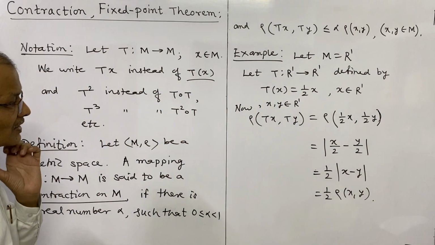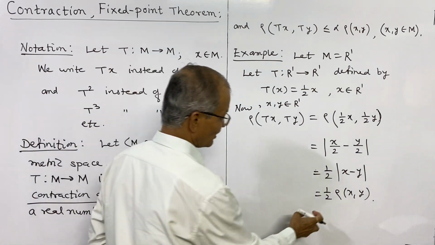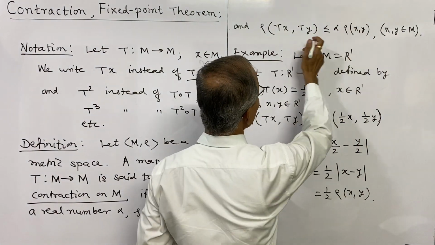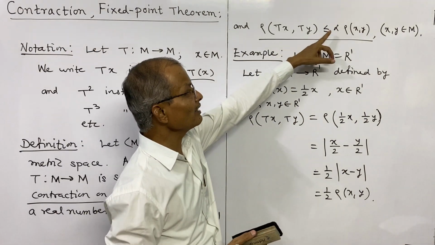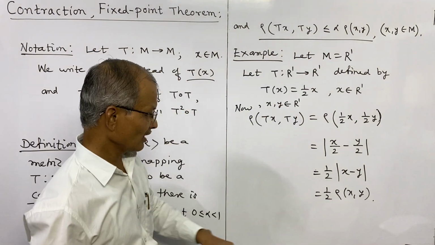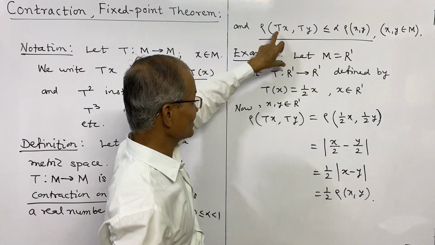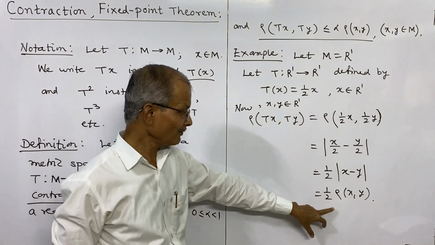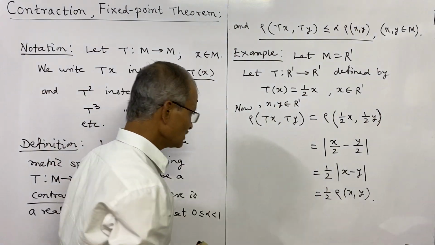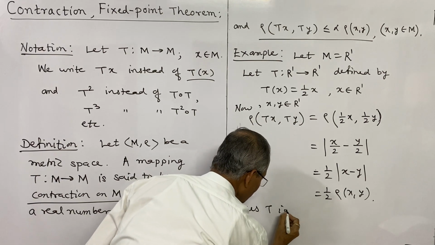Now you see that this becomes a contraction where alpha can be taken as 1/2. You see, for rho of Tx and Ty equality is allowed there, and therefore we can take alpha as half, then this satisfies rho of Tx and Ty is equal to half rho of x and y. So this is a contraction, thus T is a contraction.